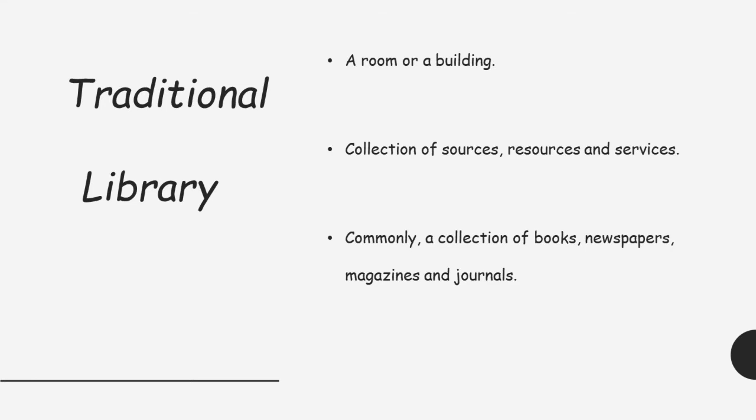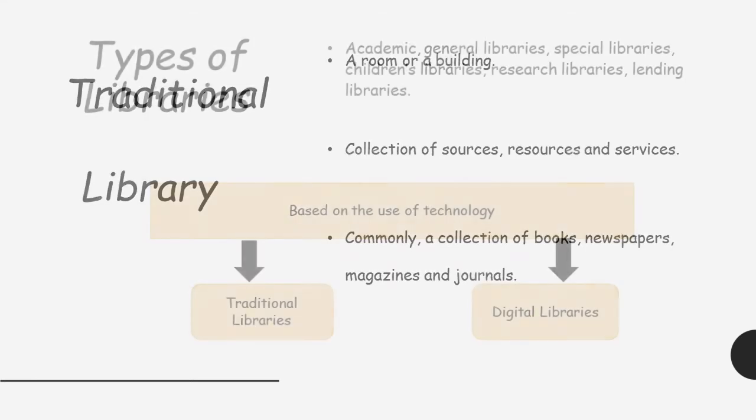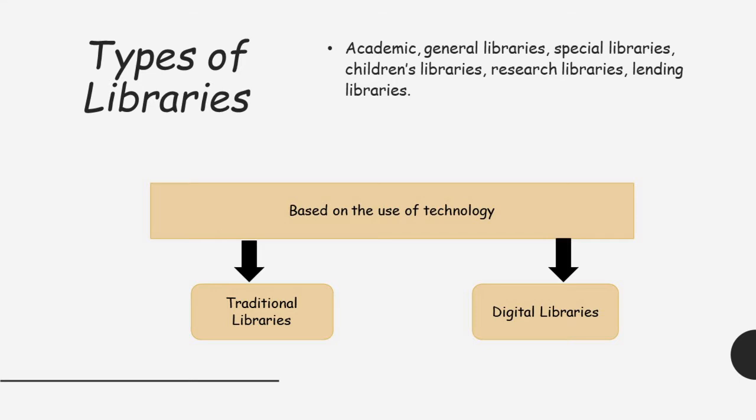In common usage, by library, we understand a place with a collection of books, newspapers, magazines, and journals. But there are academic libraries, general libraries, special libraries, children's libraries, research libraries, lending libraries, and various other types of libraries. This list goes on.